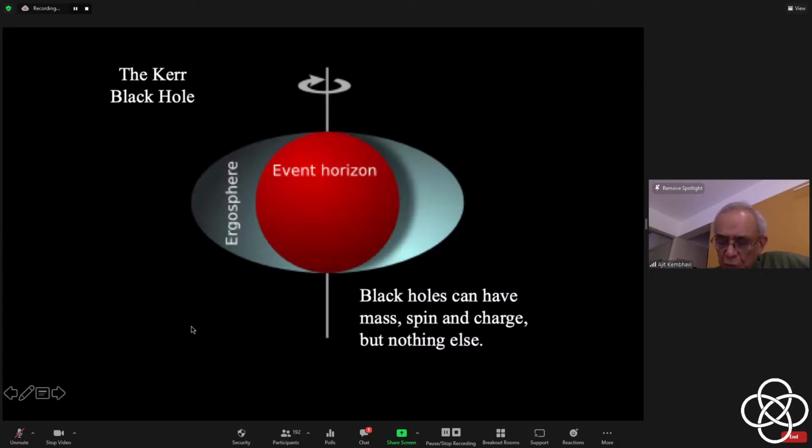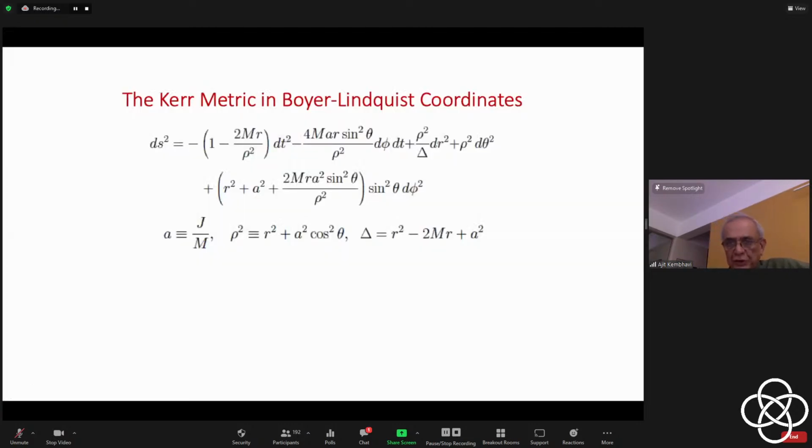Now, I will just show you the metric corresponding to the Kerr solution. I'm afraid I cannot explain it to you. So we had the flat space metric of special relativity, and then we had the rather simple metric of the Schwarzschild solution, a spherically symmetric metric. This one is axially symmetric because you've got a particle which is rotating. And you see here, it's much more complicated than the Schwarzschild metric.